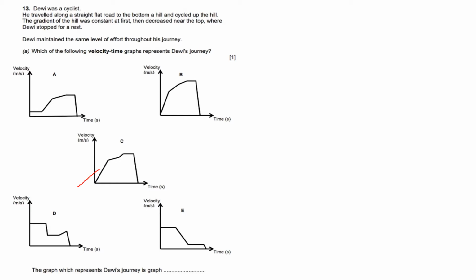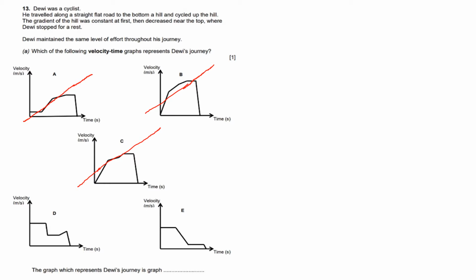So that's immediately going to rule out graph C and graph A. Now it says that he gets to a hill. So when he gets to a hill, he's going to slow down. He's going to decelerate. Graph A shows that he accelerates. So let's get rid of that one.